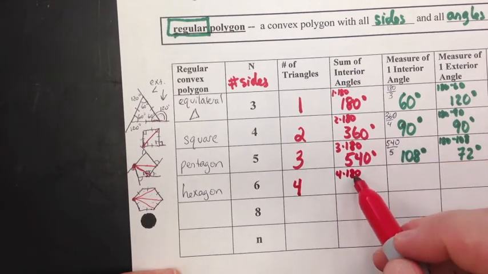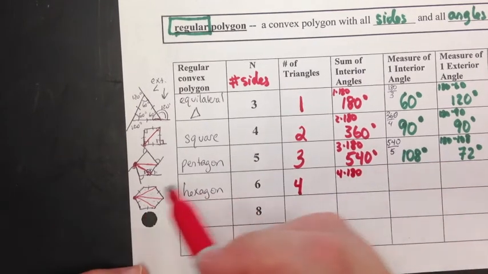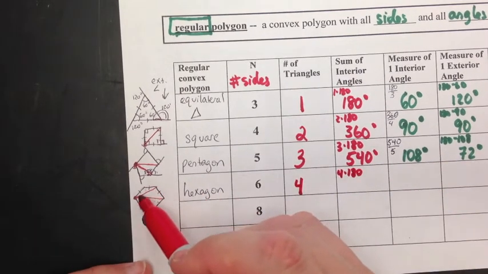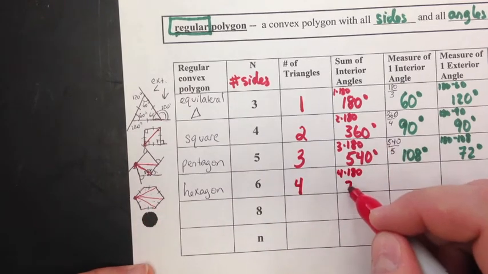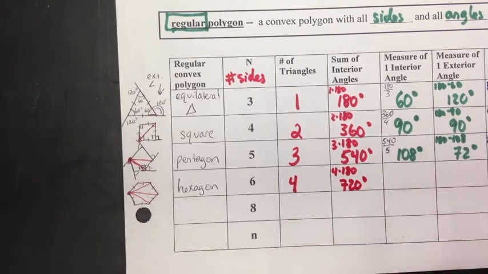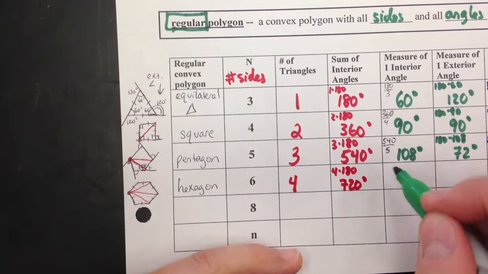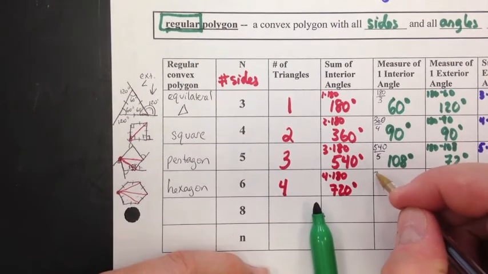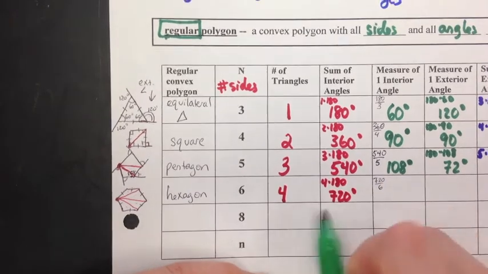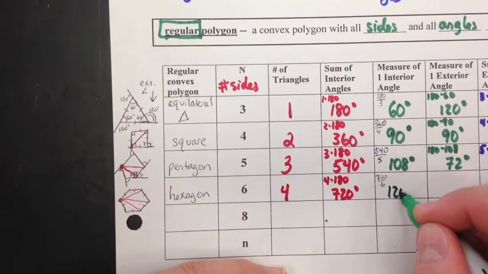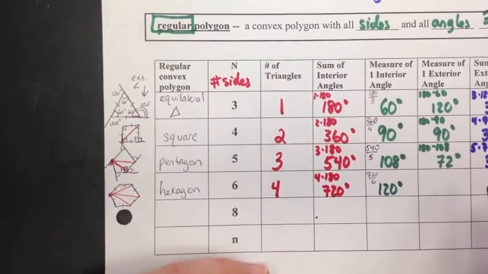Each of them is 180 degrees. So if I want the sum of all of these interior angles, 4 times 180 is 720 degrees. Now one of them, I would do 720 divided by 6, which is 120. That's an inside angle.